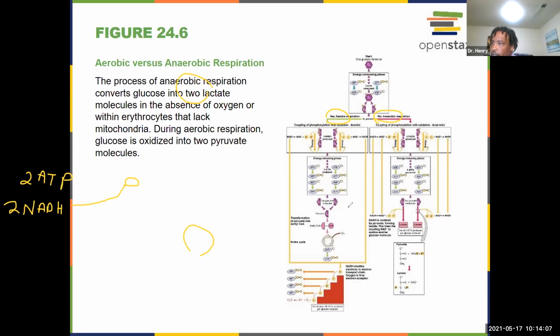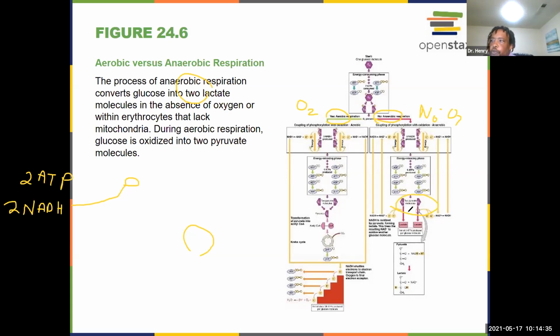And then down here, in both cases, you're going to have pyruvate made. So you're going to end up with 2 pyruvate molecules. That pyruvate is then going to be converted to acetyl-CoA. This is in the case of O2. And this is no O2. Okay, so down here, you're still going to make those 2 pyruvate molecules, right?